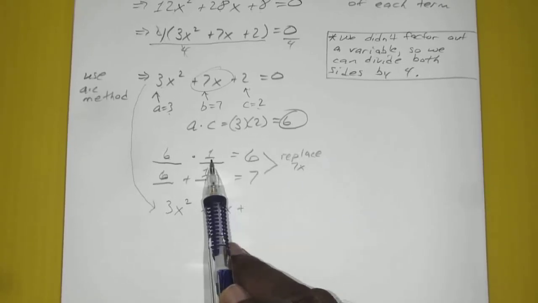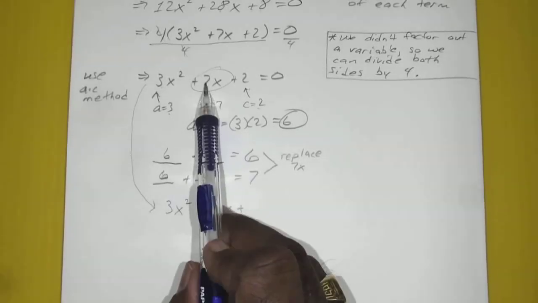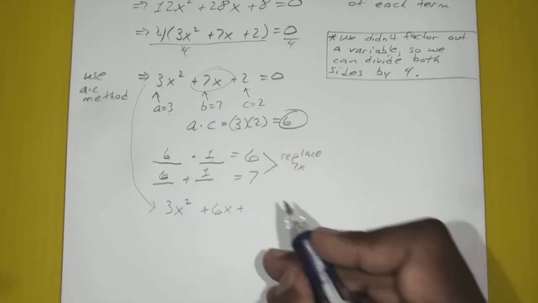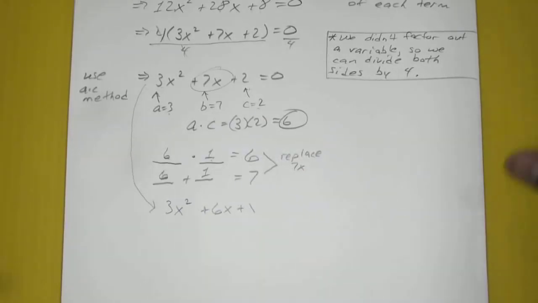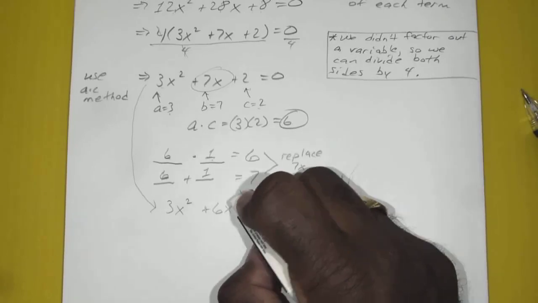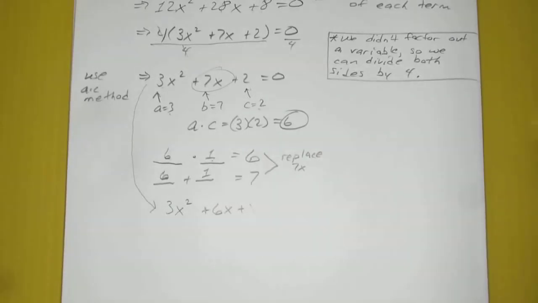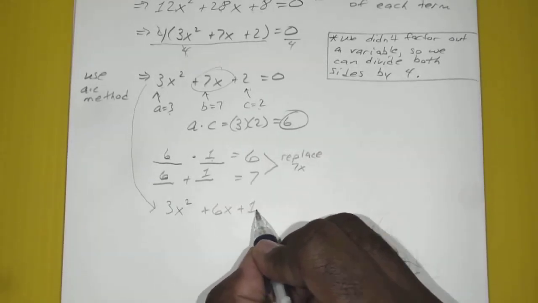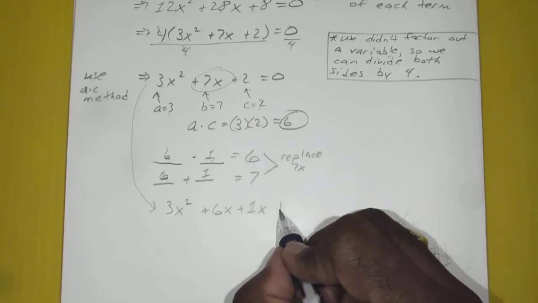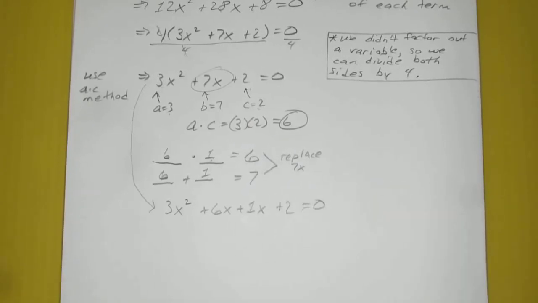Oh, just the 1 right here. Yep, because of that one. So we're going to replace that middle term with our 6 and 1. You don't have to put the 1x, but I like to do it anyway. Plus 2 equals 0. Okay. Now once we do that, now we just go to our factor by grouping.